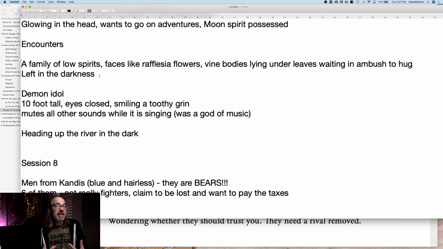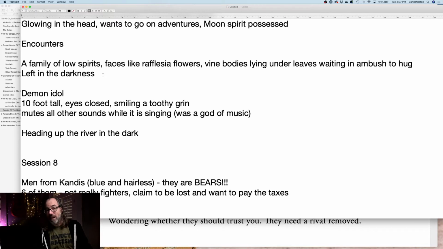Don't get me wrong, if she had laid down in the vines, they would have been dangerous, obviously, but she didn't, so it wasn't. But now, because of that, they've left their campsite in the darkness. So she's actually going up the river now in the dark. That's going to become relevant in a second.